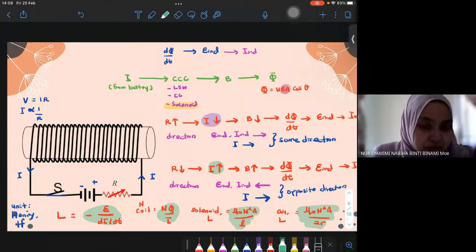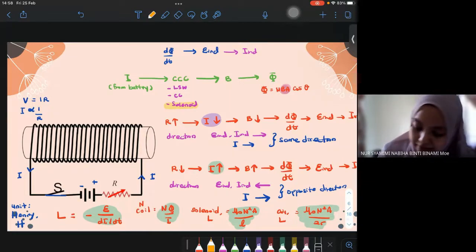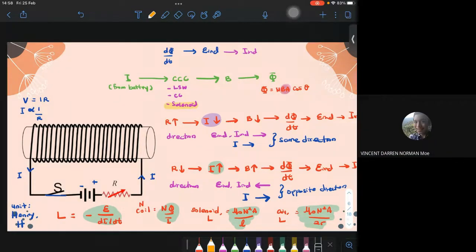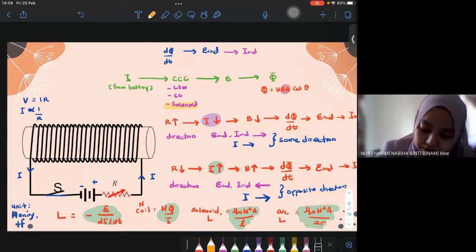So, up until here, ada soalan? No, madam. Right. So, satu lagi. Simbolnya ialah L dan simbol dalam soalan macam ini. This is the self-inductance.